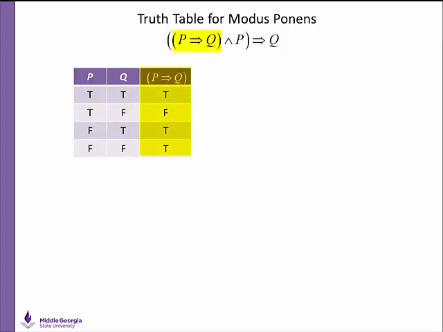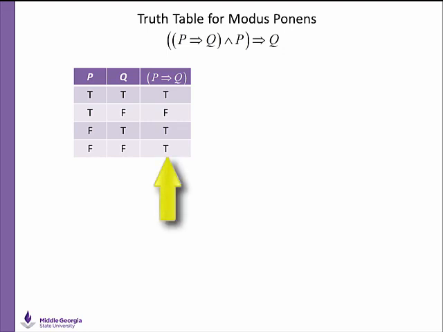P implies Q is where we start. That's the innermost parentheses of the left-hand side of the expression. And P implies Q is false only when P is true and Q is false. Otherwise it's true. Any implication that starts with a false is always true.